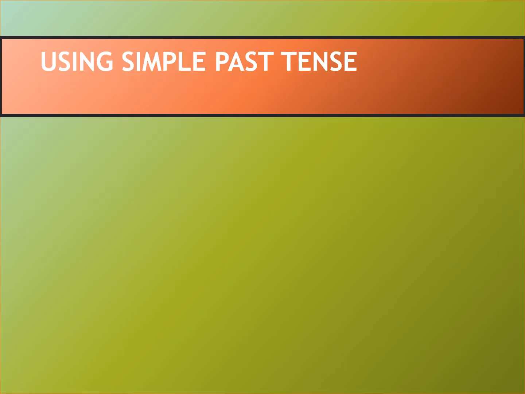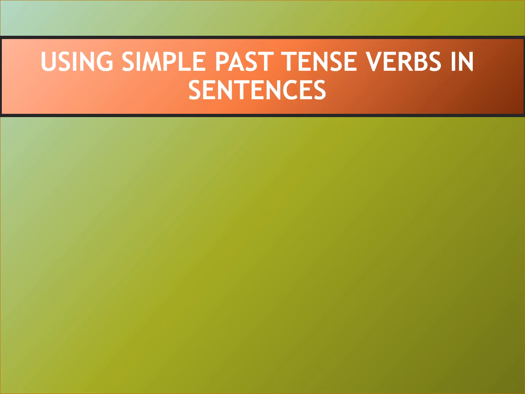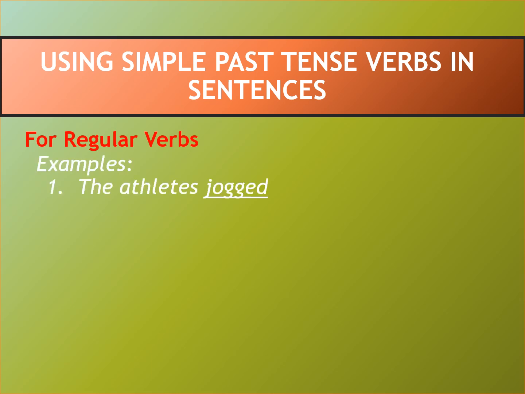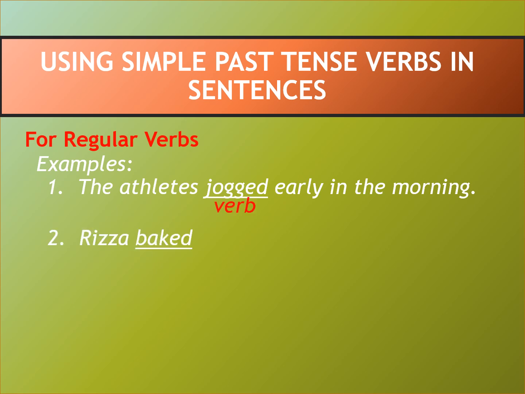Using simple past tense verbs in sentences for regular verbs. Examples. Number 1, the athletes jogged early in the morning, where jogged is the verb. Number 2, Riza baked a cake yesterday.